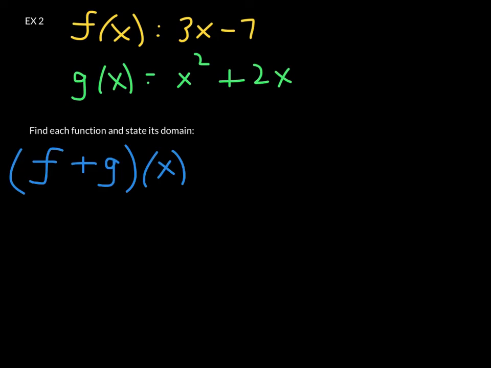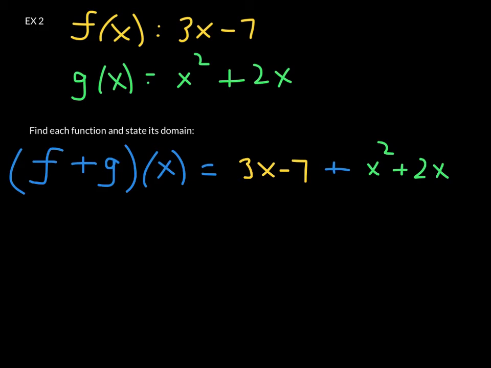Now, I hope that you find this really, really straightforward. When I take f, 3x minus 7, and I add that to x squared plus 2x, it basically looks like that.